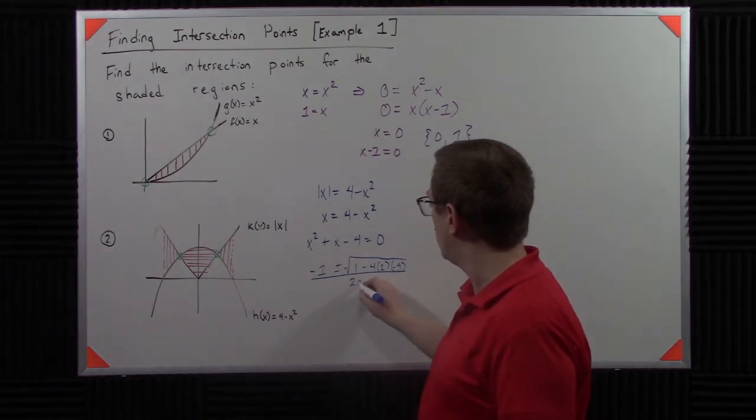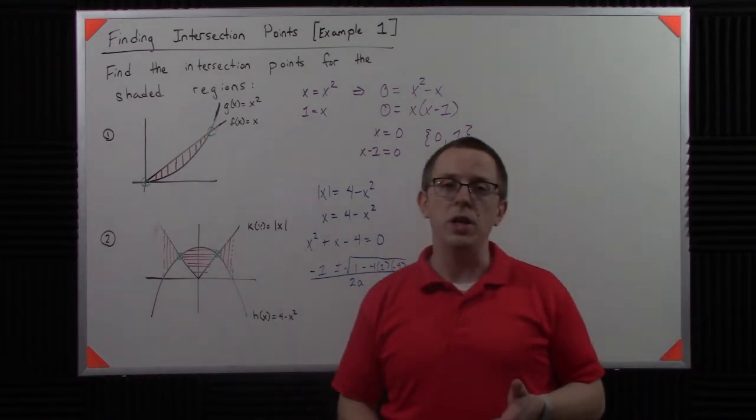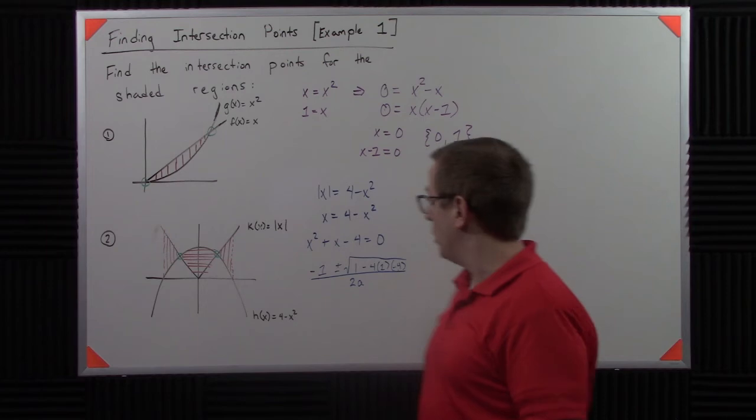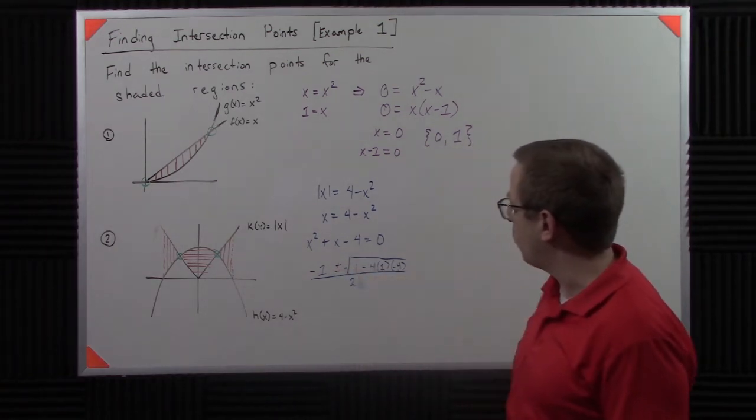all over 2a, and a is 1, so that's over 2. So we have negative 1 plus or minus that.